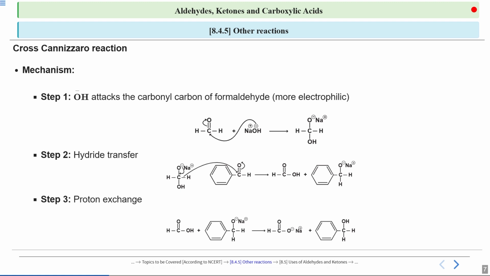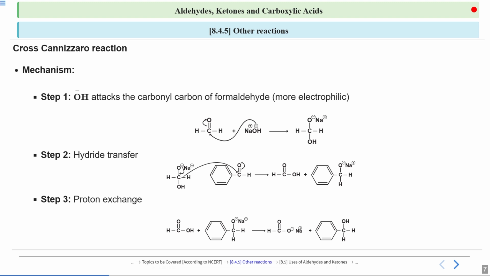And what is happening in step 3? In step 3, we have a proton exchange. This step involves the transfer of a proton, which is a hydrogen ion, between the obtained molecules, for the reduction of the benzaldehyde intermediate to an alcohol along with the carboxylate ion. You have one carboxylic acid, so there will be a transfer of a proton in this case.